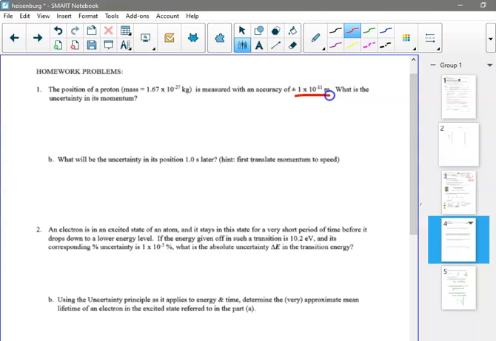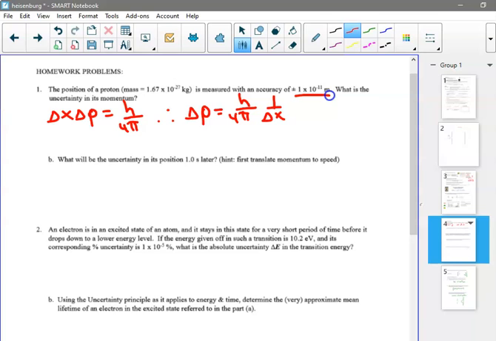And that would be pretty straightforward. So we would say delta x times delta p equals h over 4 pi. Therefore, the uncertainty in momentum is equal to h over 4 pi times 1 over delta x. And since delta x is really small, we expect our uncertainty in momentum, therefore, to be fairly large.